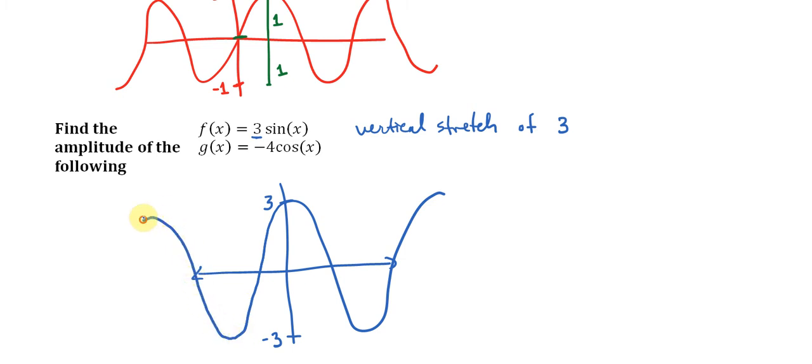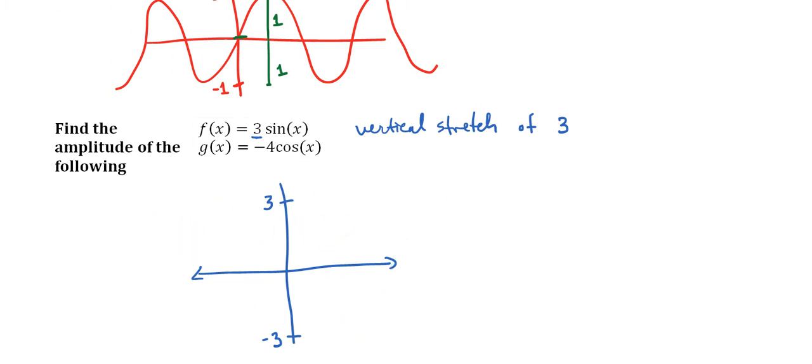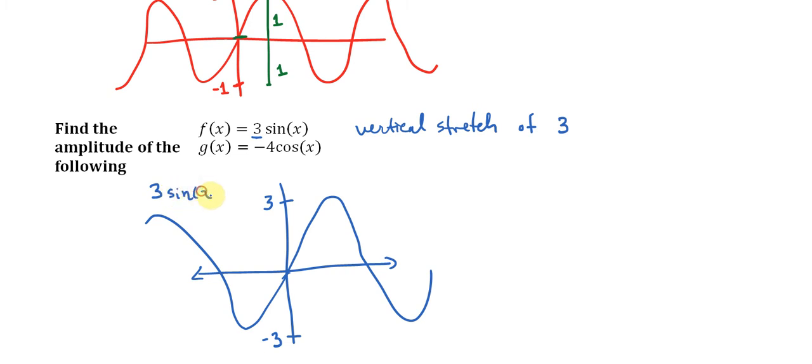And it's good for you to have a calculator to confirm this. Whoops, I messed this up though. I'm talking about the sine function, so it should start out here instead and go up and then go down and then up over here. So this is the sine graph, 3 times the sine of x.